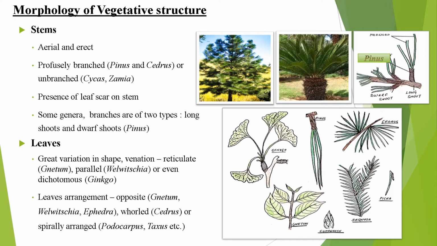For example, in neetum leaves have reticulate, in welwitschia parallel and in ginkgo dichotomous venation. Here in the fourth picture, it shows the various forms of leaf of different types of gymnosperms. For example, pinus, ginkgo, neetum, sequoia, citrus. They all have different types of leaves.